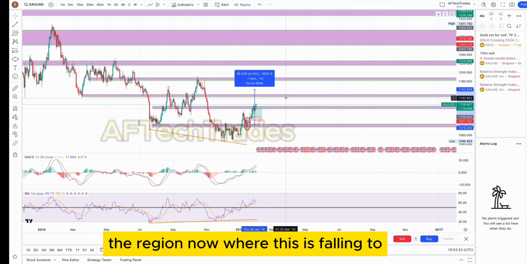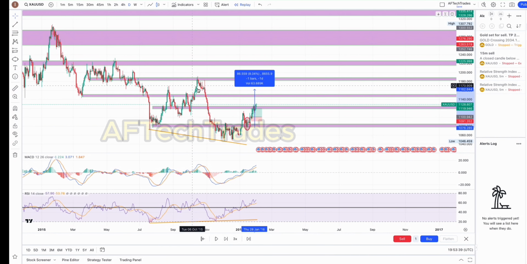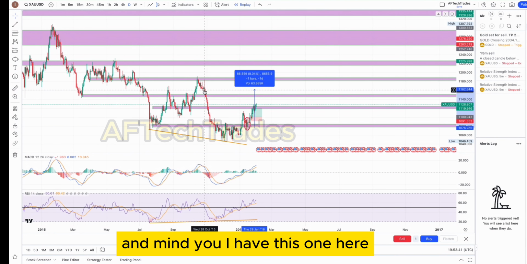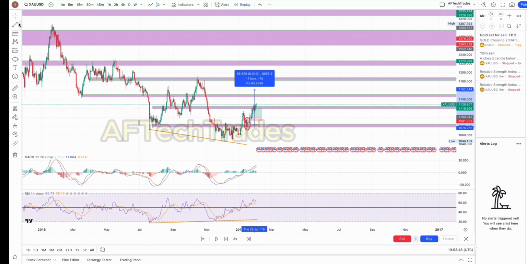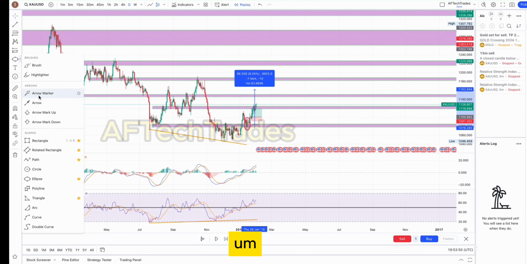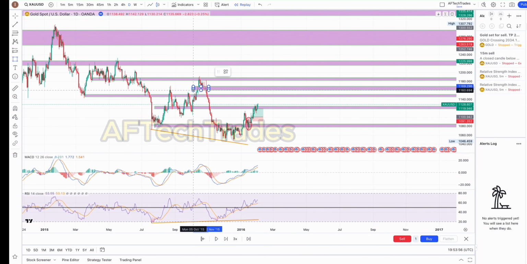The region this is falling into is this region. And mind you, I have this one here, though I didn't mark it before. You have a strong momentum here. Let me mark that. 87.37 is falling into this region.